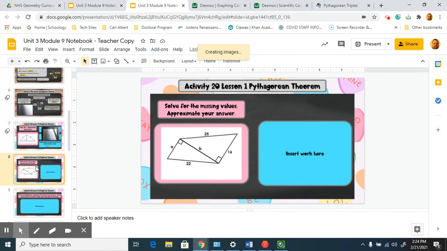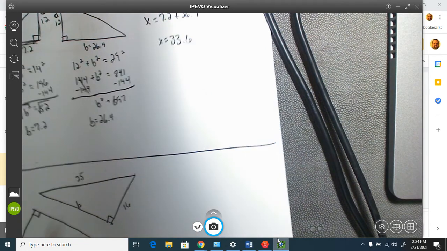All right, the next problem says solve for the missing values. So I have a couple shapes here. I have a triangle up here with 25, 16, and B, and then I have a triangle down here with 22, A and B. So let's draw that out and see what that looks like.